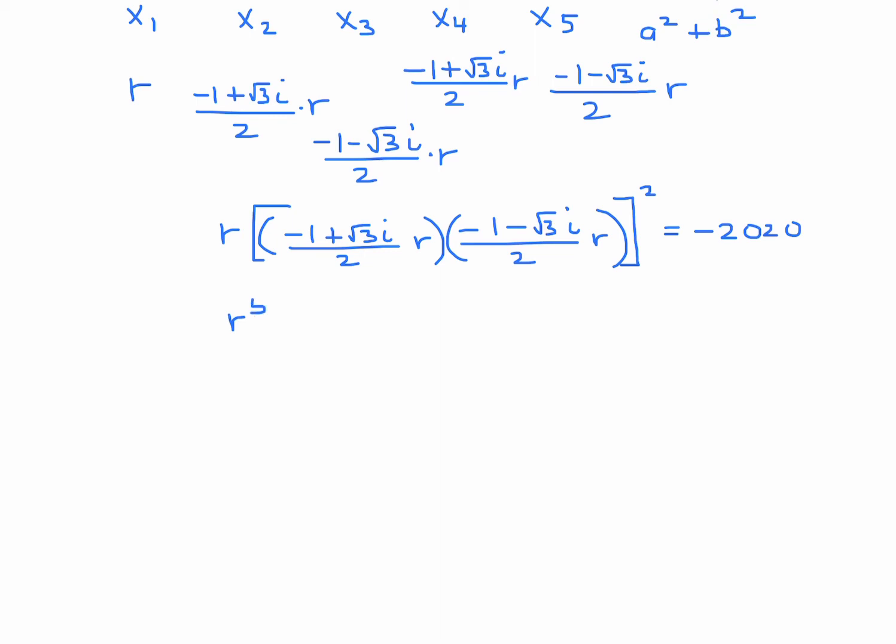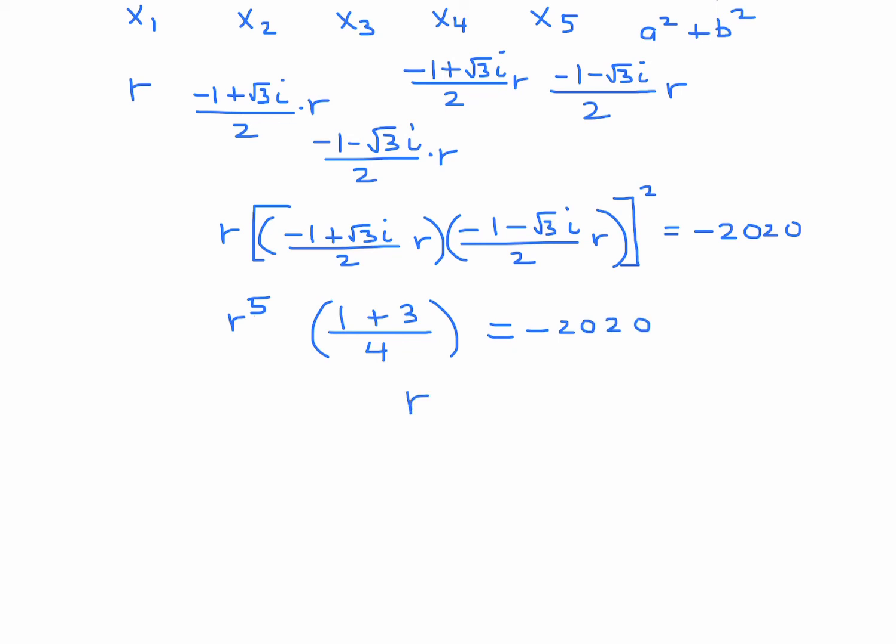So we got that. And then now we just have to figure out what is this times that. Okay. So negative 1 times negative 1, that's 1. And then the second and third terms cancel. That's what conjugates do. And then when I multiply that and that, we get negative 3i squared. i squared is negative 1, so plus 3. And then the 2 times 2 is 4. So looks like that's 4 over 4, which is 1.